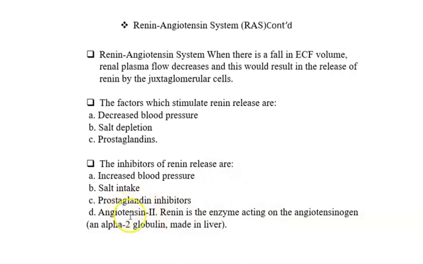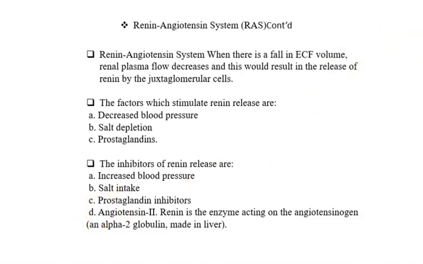This is the major player in this process. It is this angiotensin 2 that acts on the aldosterone to start retaining or absorbing sodium ions and excreting hydrogen ion, ammonium ions, and potassium ion.